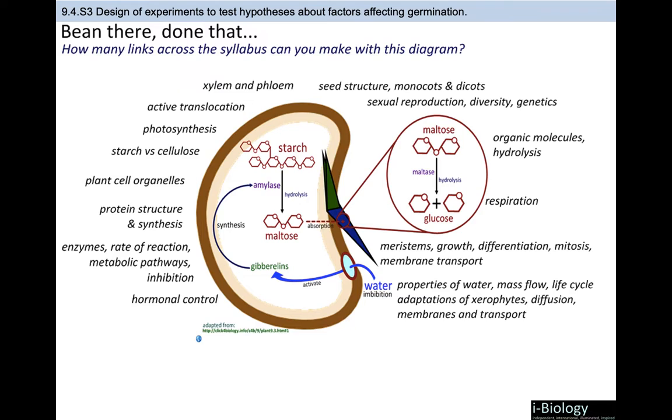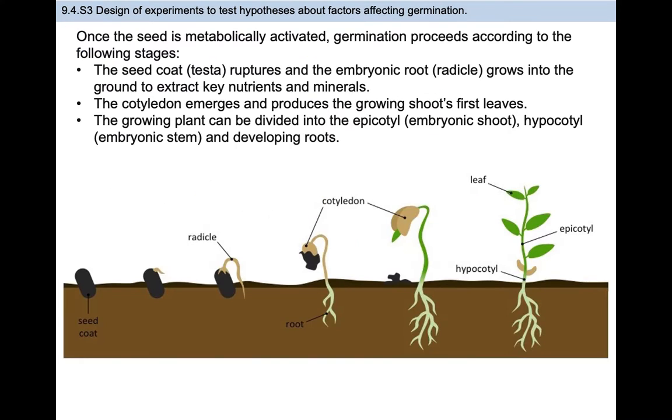So lots of things that we can link with other units that we've covered. Okay, so once the seeds are metabolically activated, they have the ability to make ATP from the glucose, and then we see germination proceed. First, the seed coat, or the testa, ruptures and the embryonic root, or the radicle, grows into the ground to extract key nutrients and minerals.